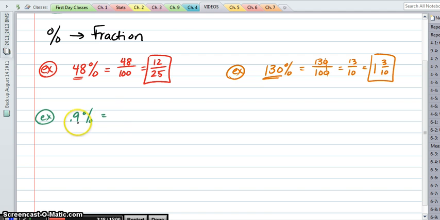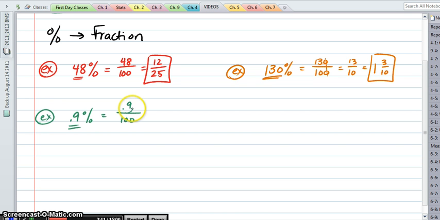0.9%. We're going to do the same exact thing even though there's a decimal here. It doesn't matter. Whatever that percent is, we can change it into a ratio by putting it over 100. So in this case, I have 0.9 over 100. Now, we always have to simplify our fractions, and right now this is not simplified. One way to simplify this would be to get rid of that decimal. And how do we do that?